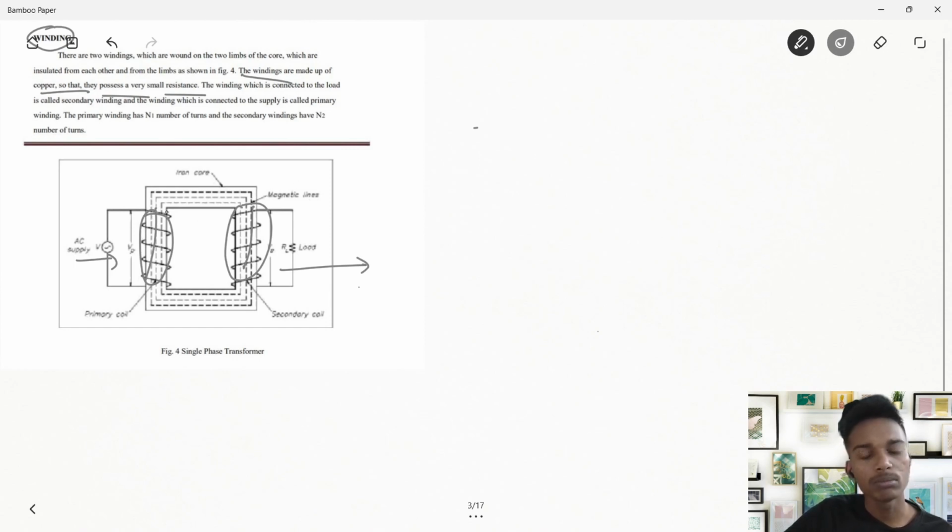To have minimum loss, we make these windings from copper. The winding connected to the load is called the secondary winding. The winding connected to the supply is called the primary winding. The primary winding has N1 number of turns and the secondary winding has N2 number of turns. This is the basic construction of a transformer.